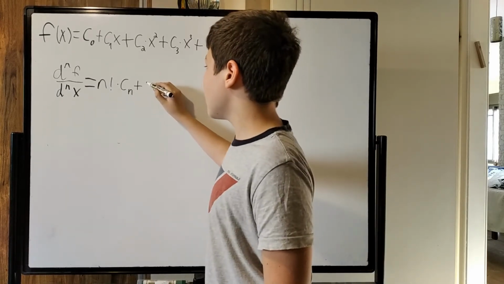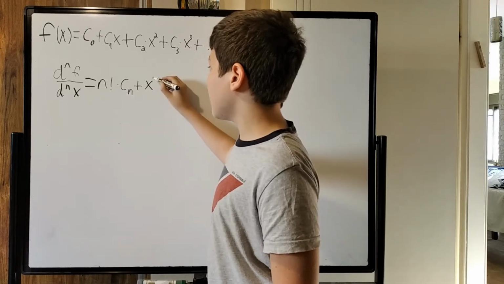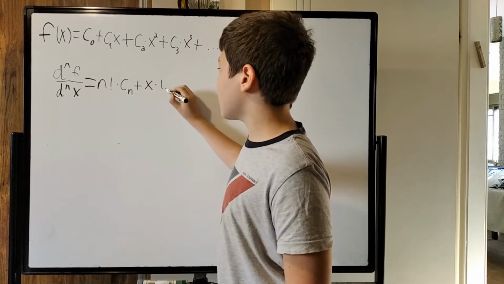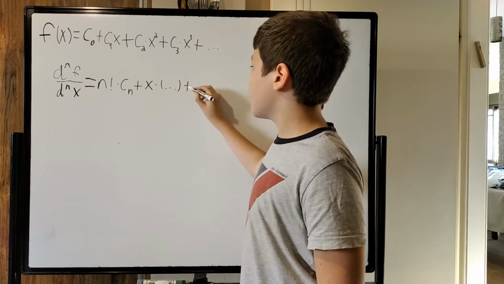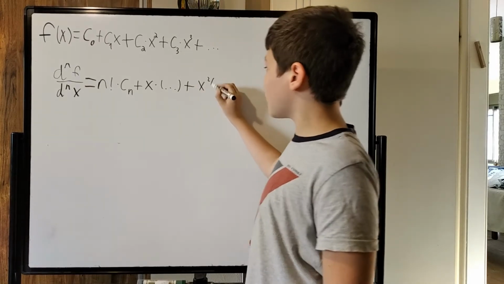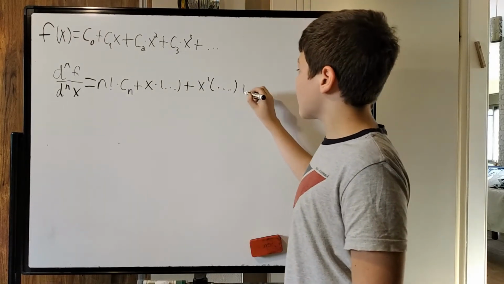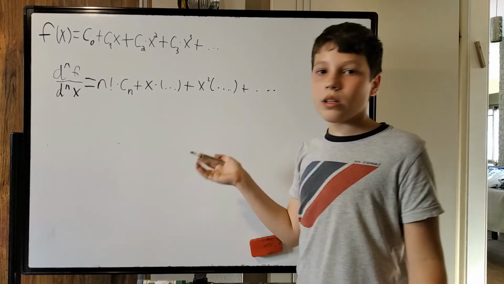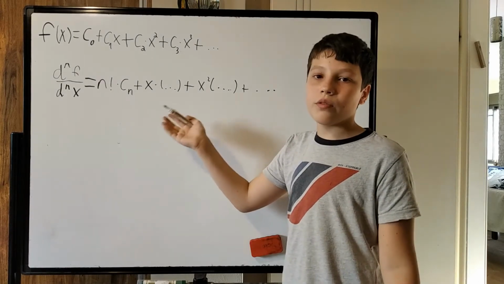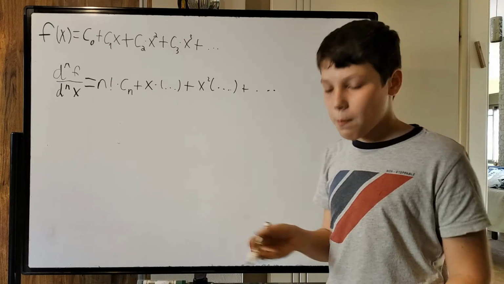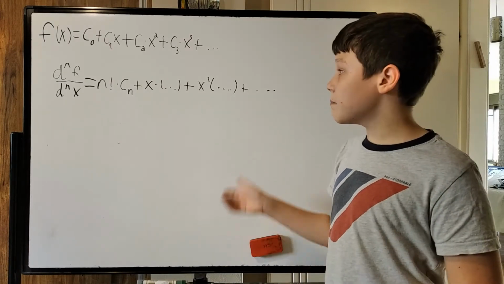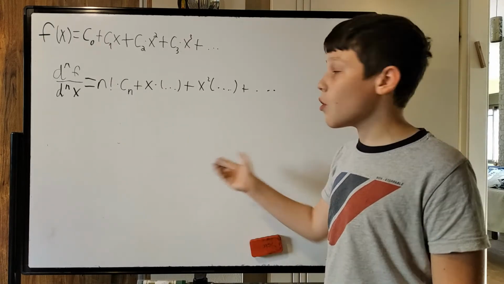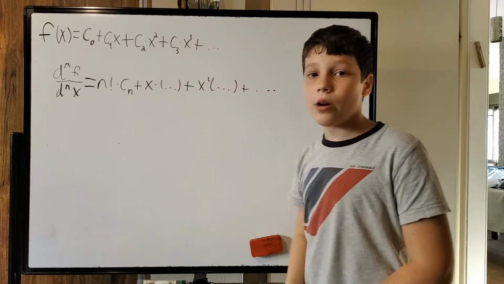I won't write that down. It's going to be x times a bunch of stuff plus x squared times a bunch of stuff, and so on. If you want to, you can look for yourself at what other stuff, but it doesn't matter, because like we did before, we are plugging in 0.